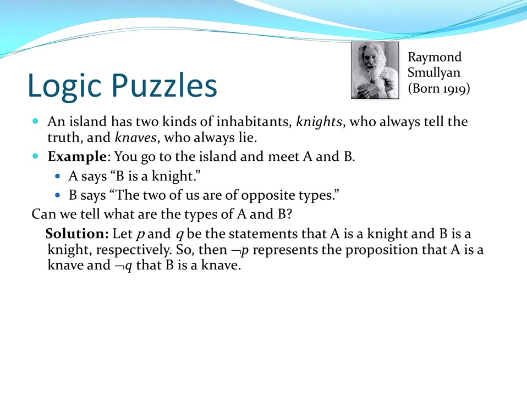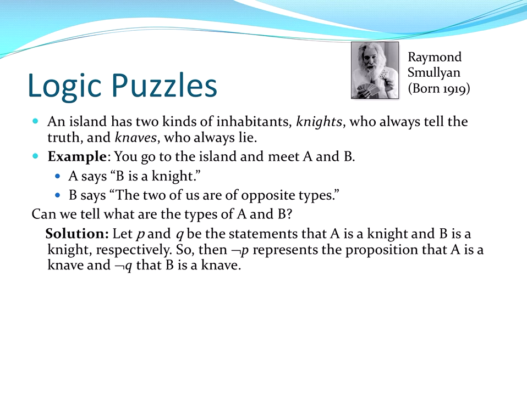All right, so for the atomic propositions, we'll say that A is a knight and B is a knight will be our atomic propositions P and Q. That means the negation of P would be A is a knave, and the negation of Q would be that B is a knave.